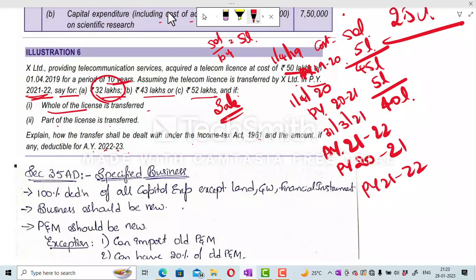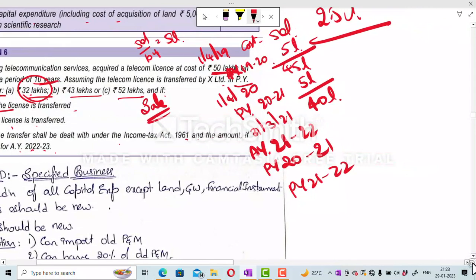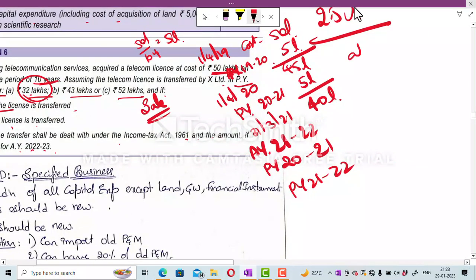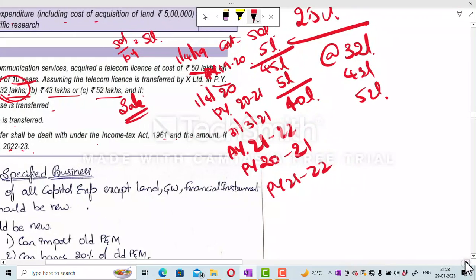So we have almost three scenarios in that. We should calculate for whole license transfer and part license transfer. So 3 into 2, 6 cases we have to discuss now. 32 lakhs, 43 lakhs, 52 lakhs. WDV is 40 lakhs.